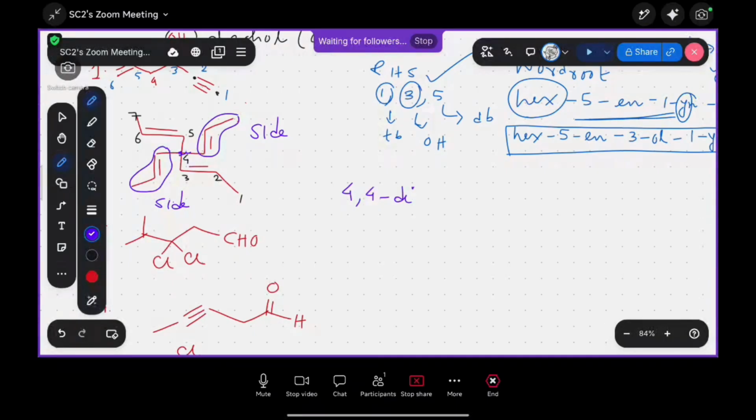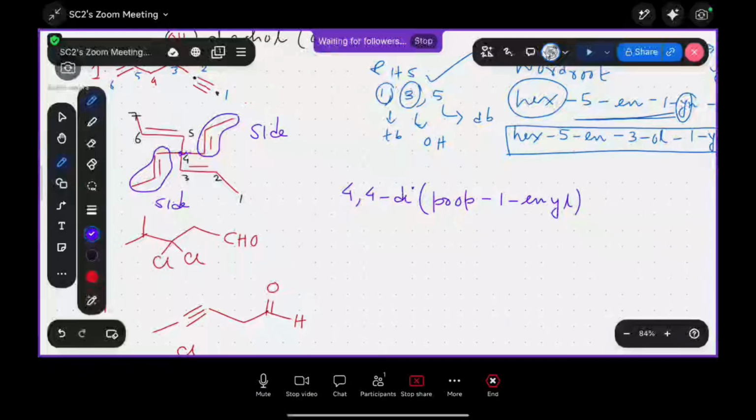So di. And then what is the group here? The side chain is prop. Prop 1, enyl.